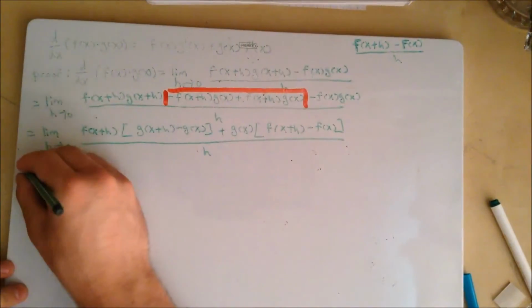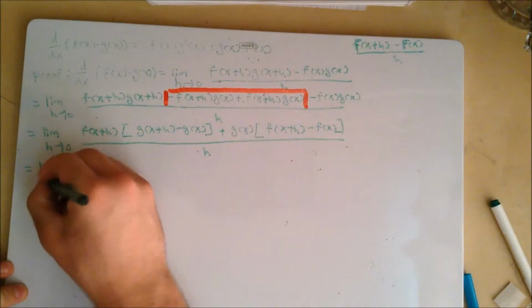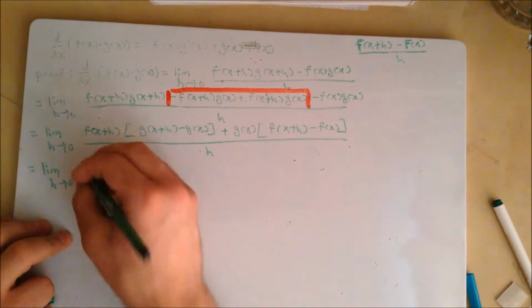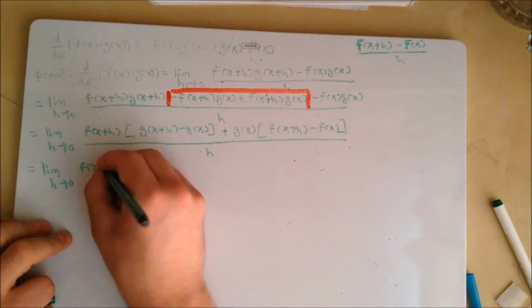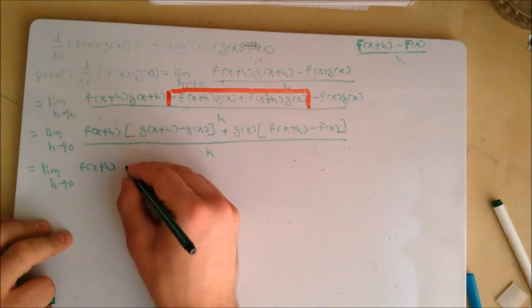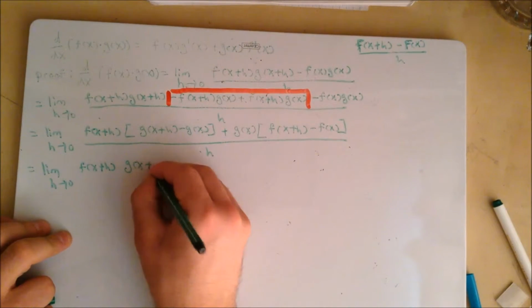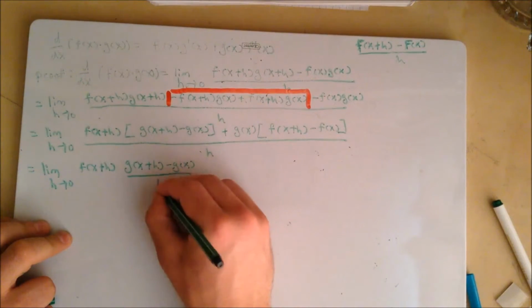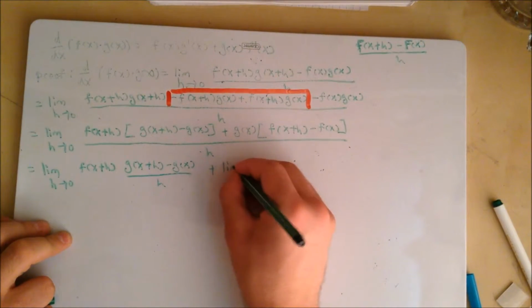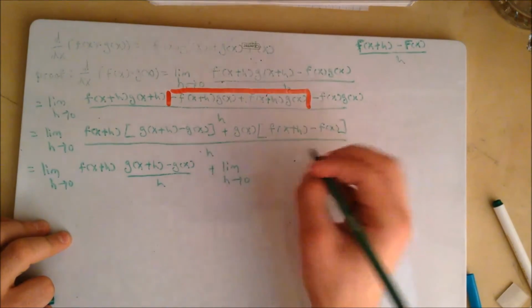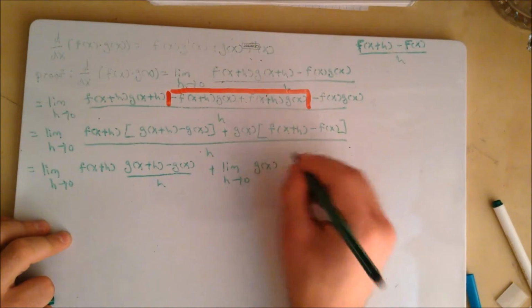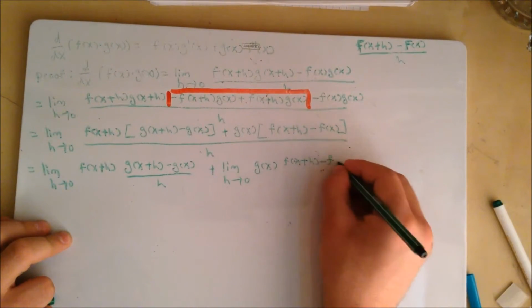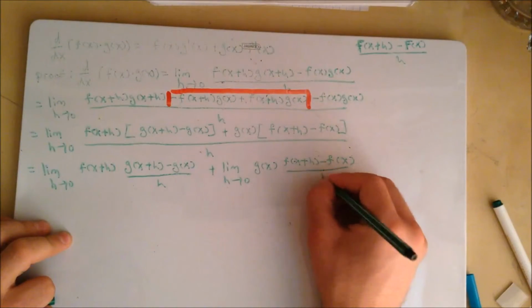What we do next is we say that the limit as h goes to 0, and now I'm just going to do this in one step. I will pull out the f of x plus h and say g of x plus h minus g of x all over h, plus the limit of h approaching 0 of g of x, f of x plus h minus f of x all over h.